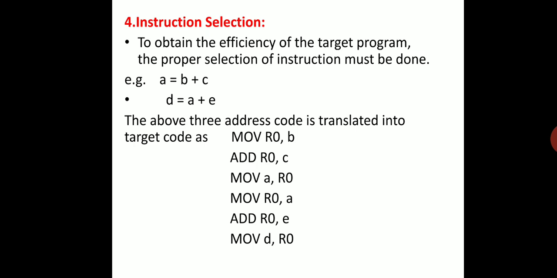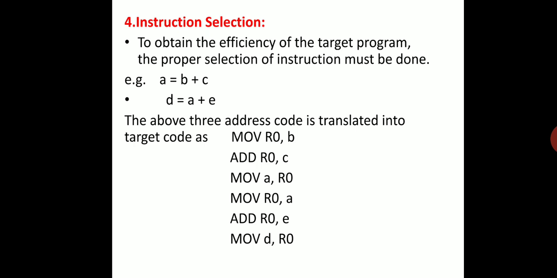Move r0, b: b is loaded into register r0. Add r0, c: perform the addition of r0 and c. r0 is nothing but b, so perform the addition of b and c, and the result is again stored into r0. Again move a, r0: load the content of r0 into variable a. Move r0, a: we have to load a into r0.